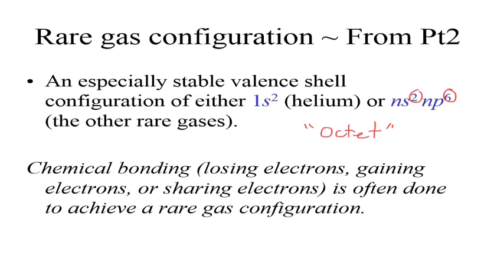And if it's bonding with another atom, it can either lose or gain electrons, or it can share electrons to get that complete octet.